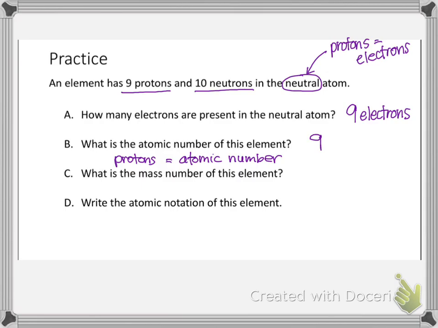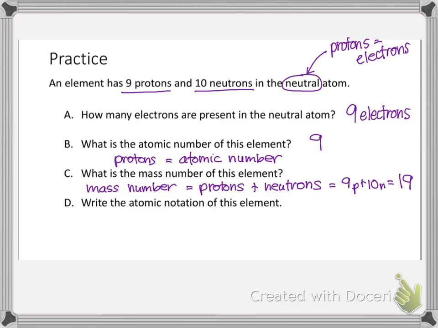What is the mass number of this element? Mass number equals protons plus neutrons. So for this example, it would be 9 protons plus 10 neutrons, so that would be 19, the mass number. Then it says write the atomic notation of this element.